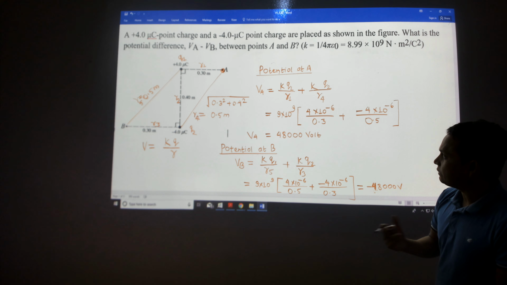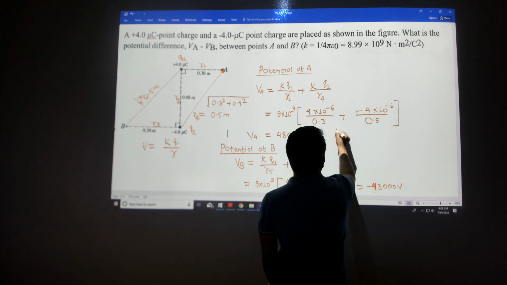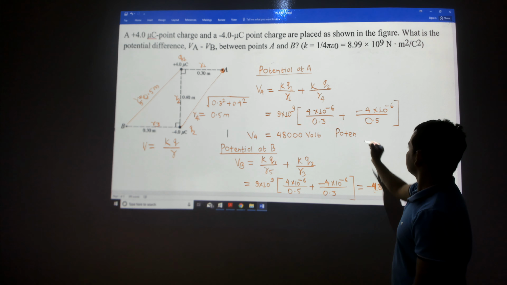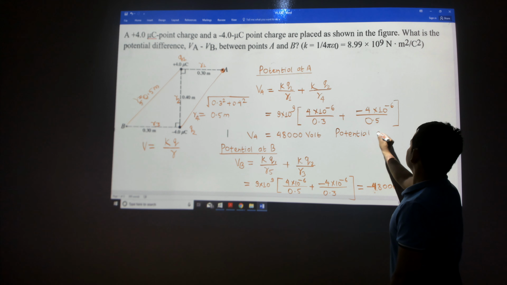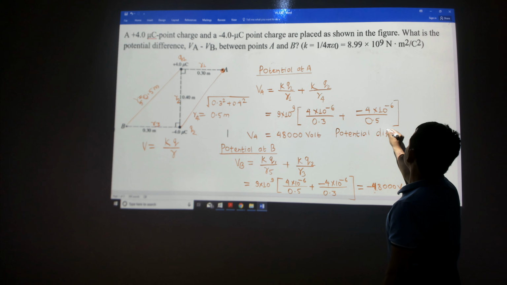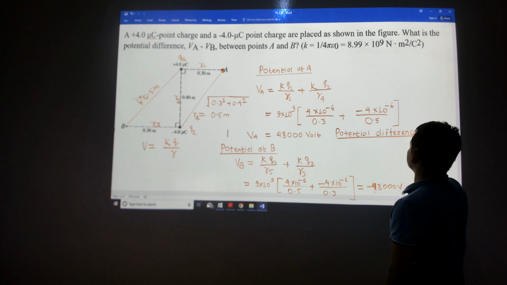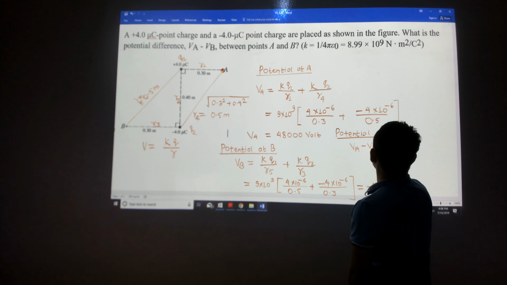So the potential difference is given by VA minus VB.